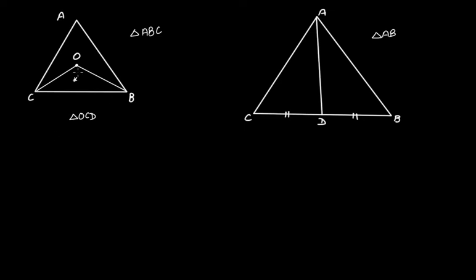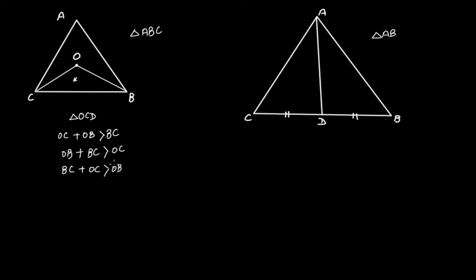If you combine OC with OB, that is OC plus OB, the value you get after adding them will be greater than BC. If you add OB plus BC, this will be greater than OC. If you add BC plus OC, this will be greater than OB.